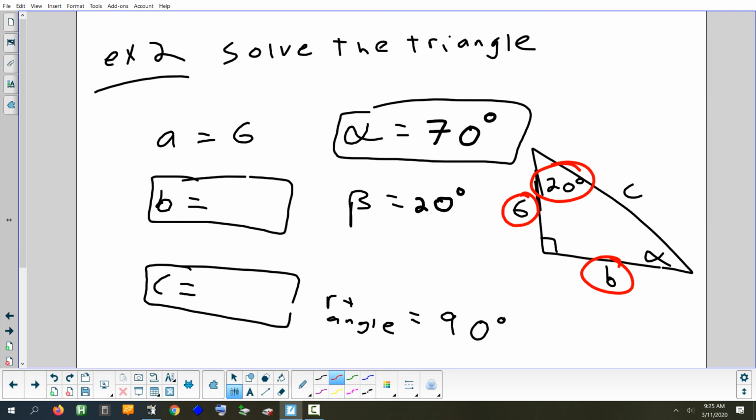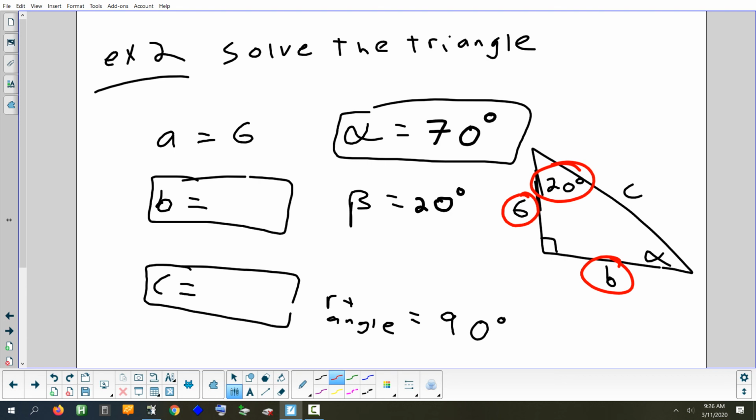All right. What's the next thing I should do with those three sides? This is the last step, and that'll help me to figure out whether I use sine, cosine, or tangent. Label them. Yeah, label them with the words opposite, adjacent, and hypotenuse.